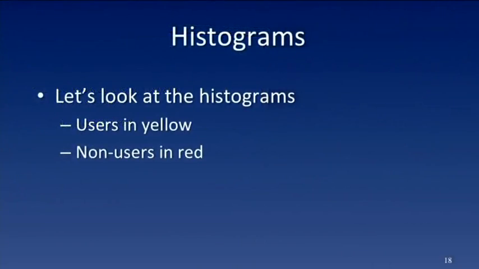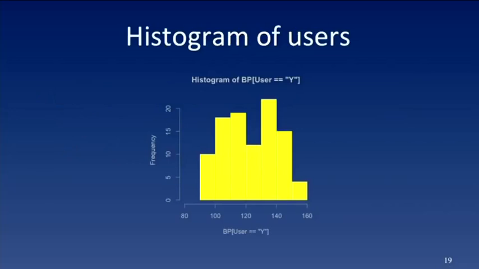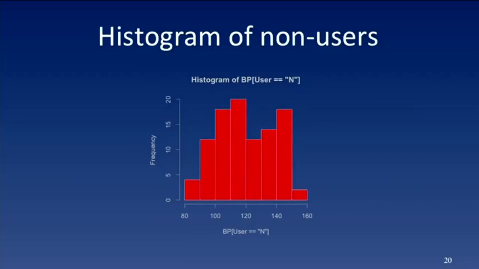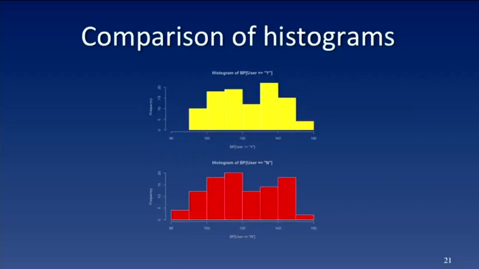So the users are in yellow, so these are the women who are on the pill. And what you see is an average around 120, a little higher because of this peak right here. But you get sort of a normal distribution. Let's look at the non-users and then put them together.